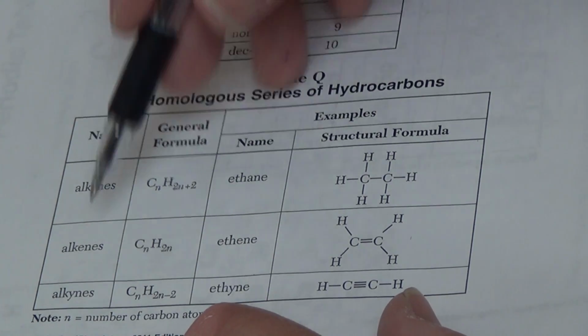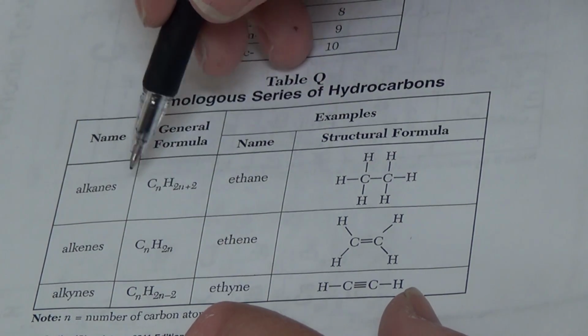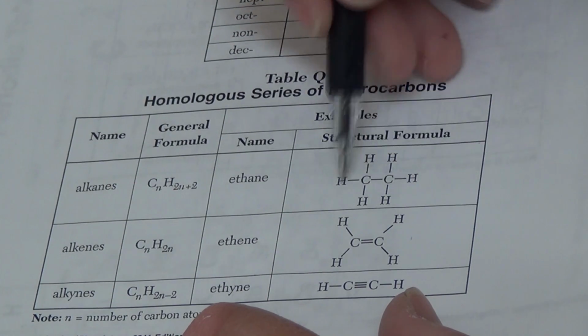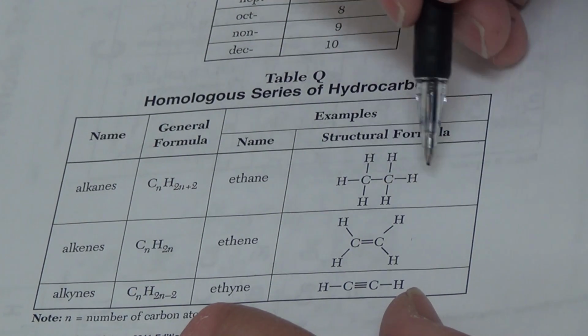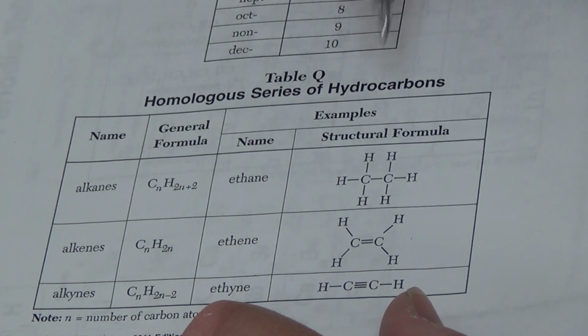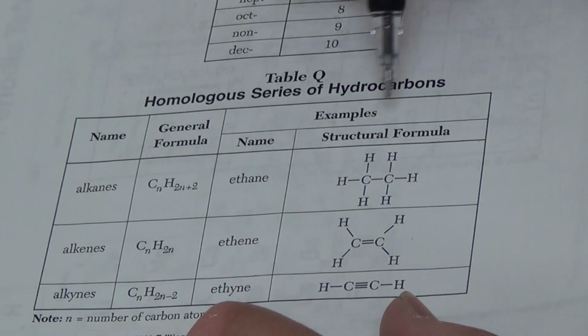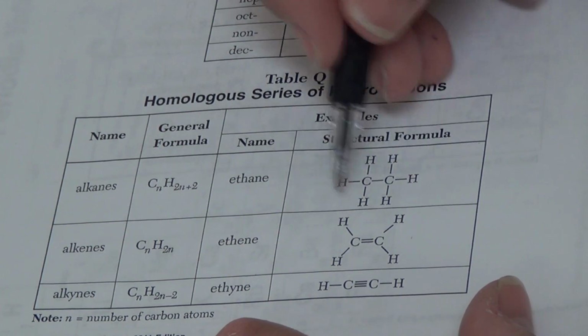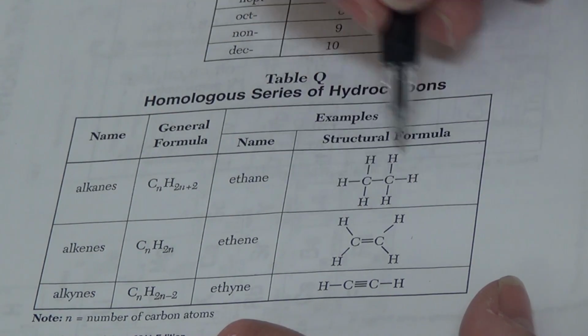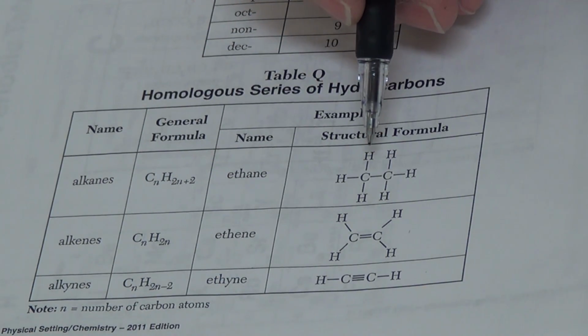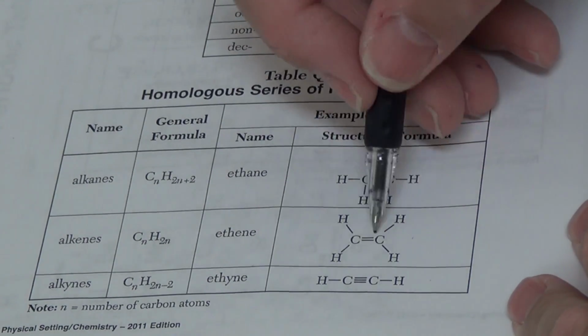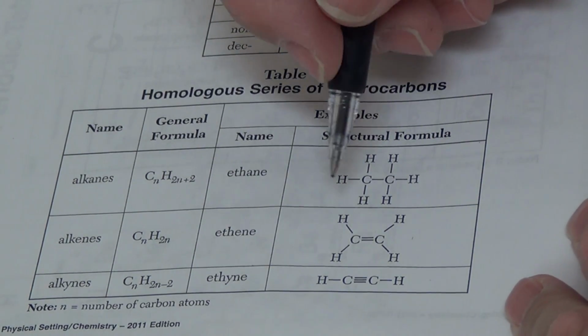We have alkanes, alkenes, and alkynes. Now, for alkanes, if you want to put anything else on this molecule, you're going to have to pull a hydrogen off to do it, and that would be called a substitution reaction. This is a saturated hydrocarbon. Well, to understand why it's called saturated, I have to explain why these two are called unsaturated.